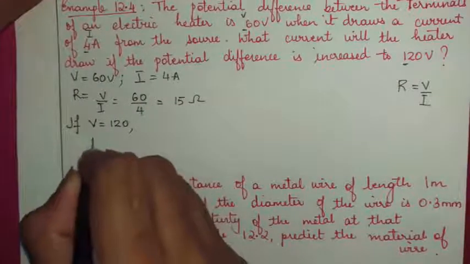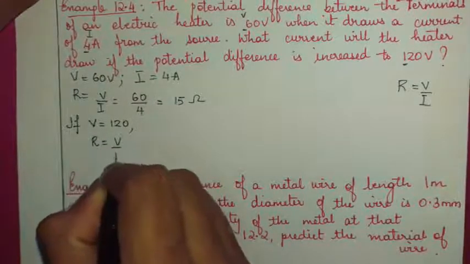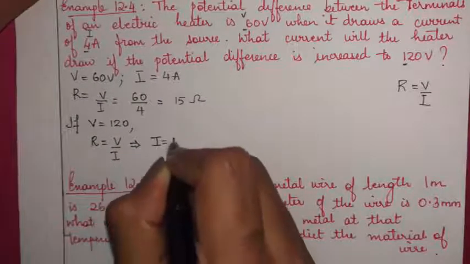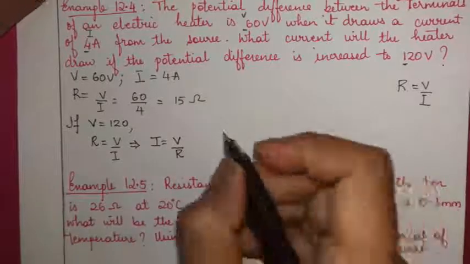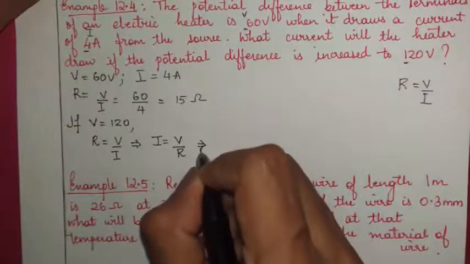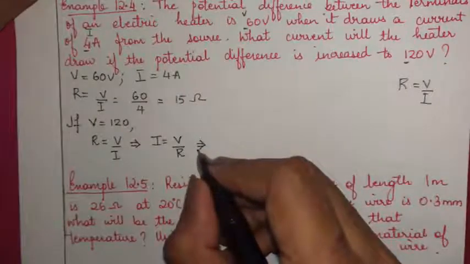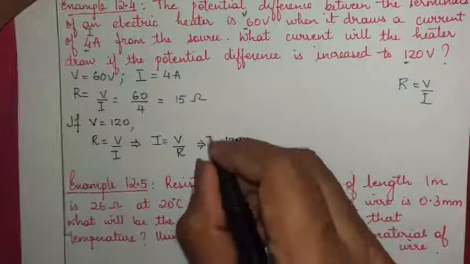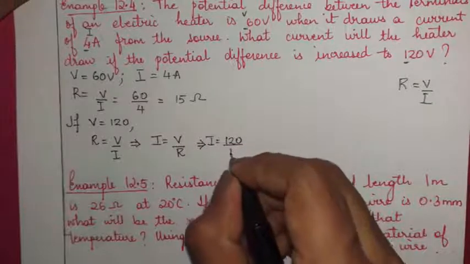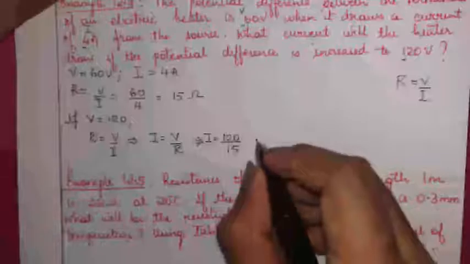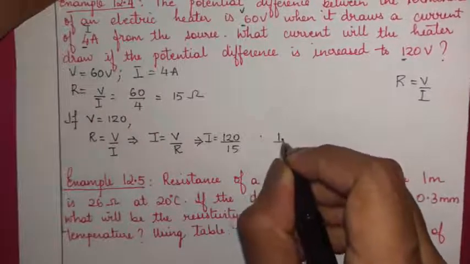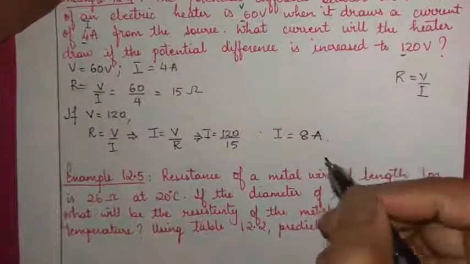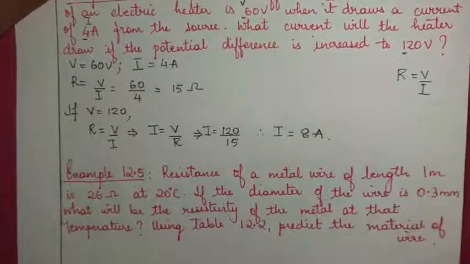Again we use the same formula, R is equal to V upon I, but we want I is equal to V upon R. That implies I is equal to 120 upon 15. And when you divide, you will get that I is equal to 8 amperes. So this is the first one.